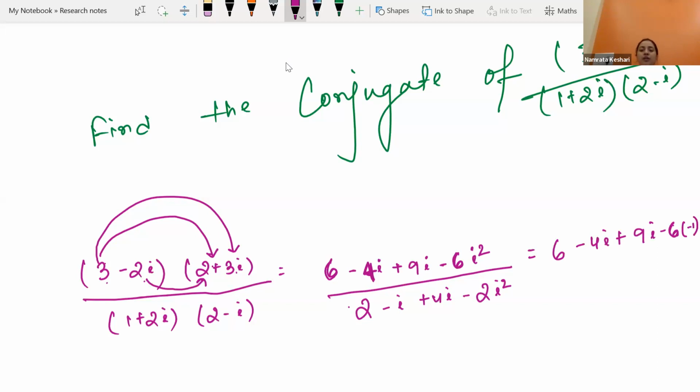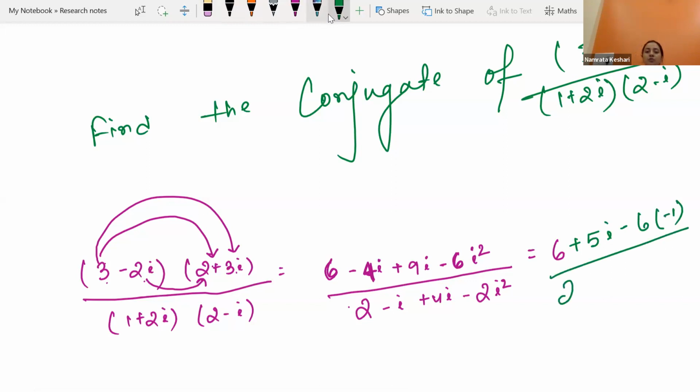Minus 6i square is nothing but plus 6, since i square is minus 1. Okay, we could have done the addition also parallelly. Why are we not doing it? Let's do it. Because simplification we understand it very well. 6 minus 4i plus 9i is 5i. Minus 6i square, it will be plus 6, i square is nothing but minus 1.